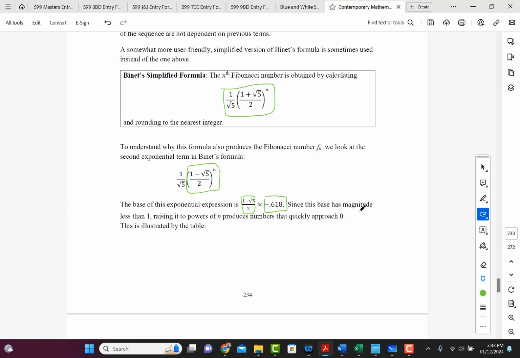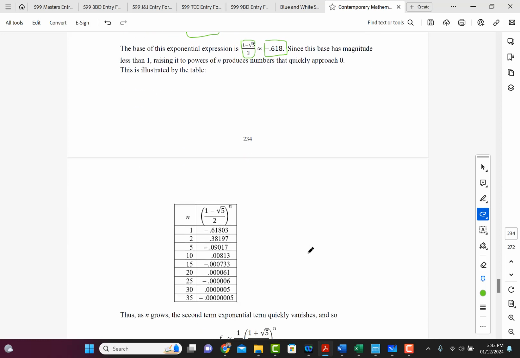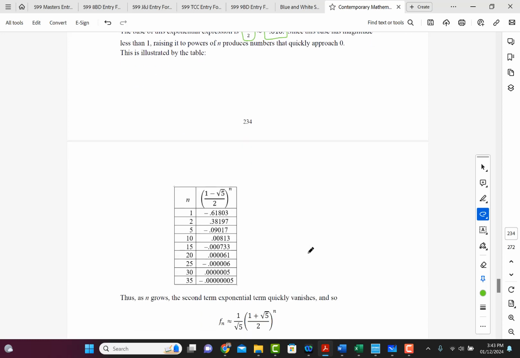Since the base has a magnitude of less than 1, raising it to a power of n produces numbers that quickly approach 0. And so this is illustrated by the table given here. Okay, so as n increases, this exponential is going closer and closer to 0 quickly.